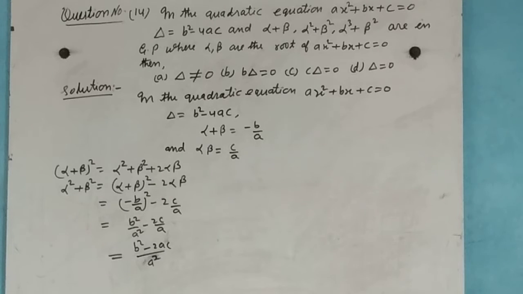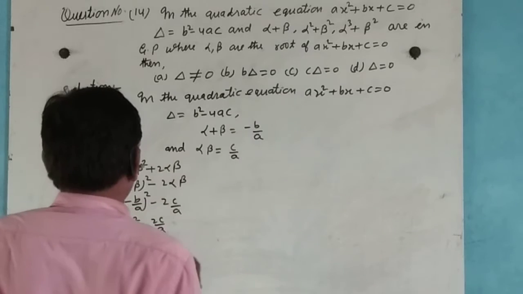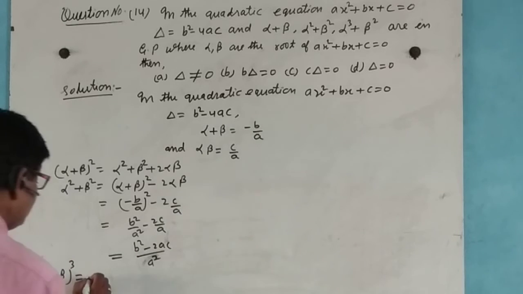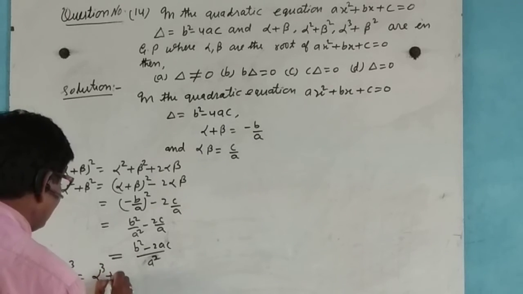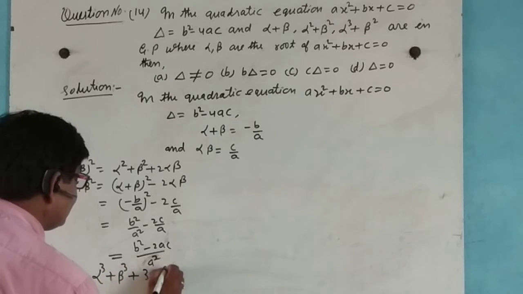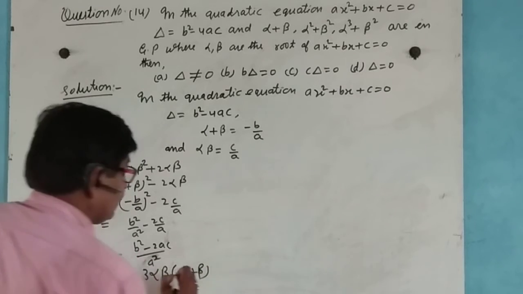Now we calculate alpha cube plus beta cube. We know that (alpha plus beta) whole cube equals alpha cube plus beta cube plus 3 alpha beta (alpha plus beta).